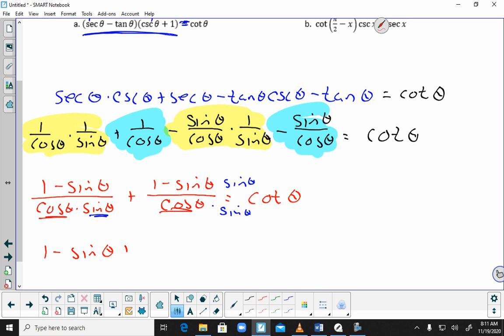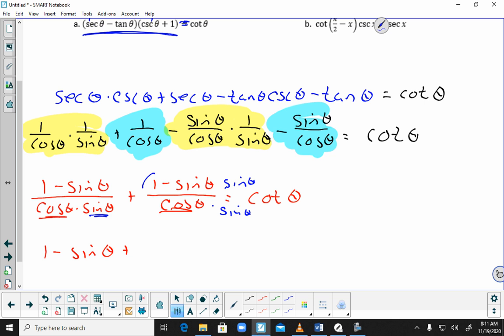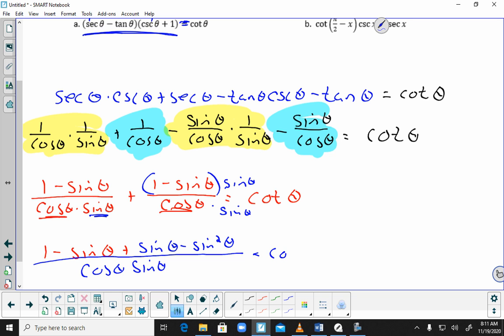And then here's going to be the plus sign, and now I'm distributing this sine to this whole quantity, so it's going to be plus sine theta minus sine squared theta. And my denominator is going to be cosine theta, sine theta. And I'm trying to show that that's equal to the cotangent of theta.